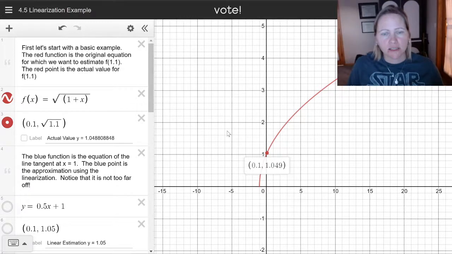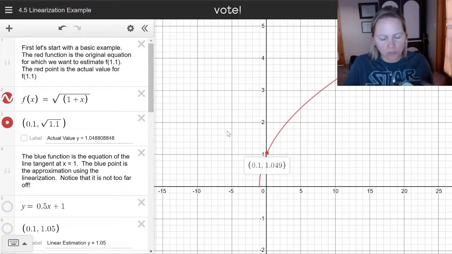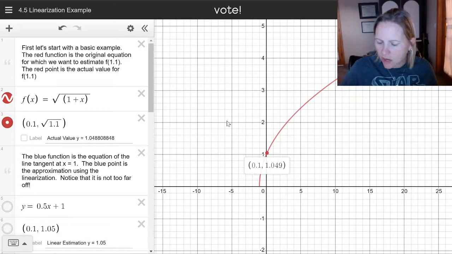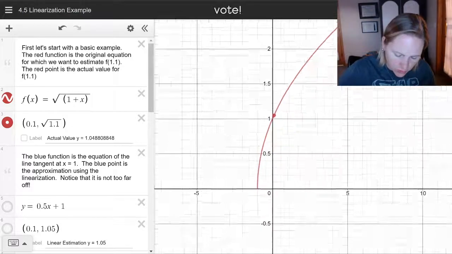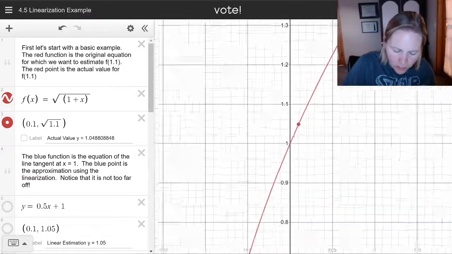So in any case, this is what we can do here today. But how does Desmos do this? What's the algorithm that our calculators are programmed with to be able to spit these values out? Well, some of them are based on what we're going to talk about today. So let's take a look at what happens when I zoom way, way in.